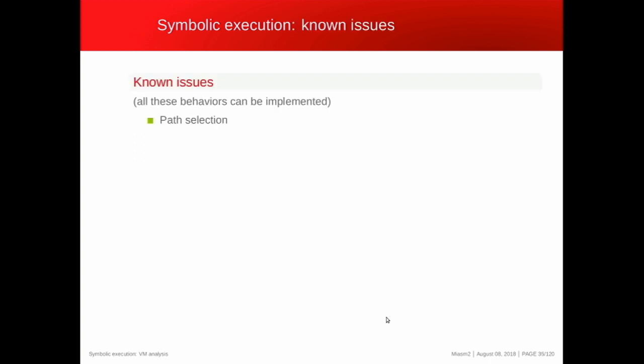This is a classic problem in symbolic execution, and there are many known solutions. It's up to you to choose a good solution for your use case. For example, you can do a state split: you run on the left side of the branch and on the right side of the branch, and so on. We will show you this with Camille in the next slides.